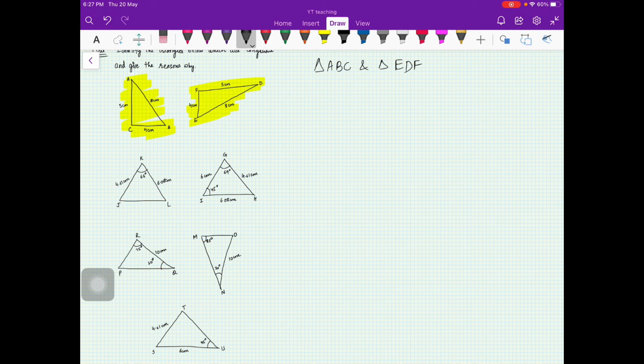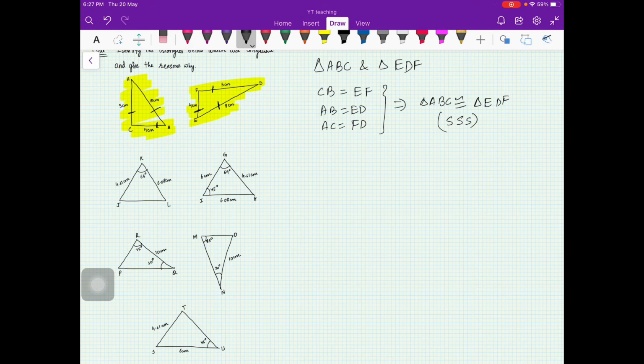CB is equal to EF, AB is equal to ED, and AC is equal to FD. So 3 sides are equal. Therefore, triangle ABC is congruent to triangle EDF by the SSS test, side, side, side. So we get our first pair of congruent triangles.